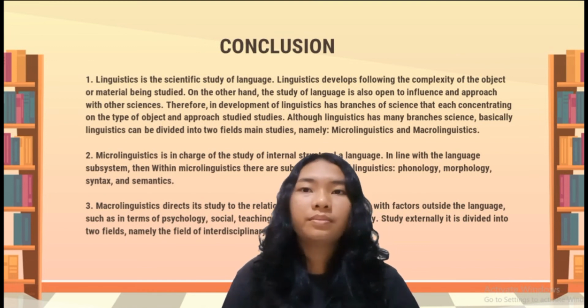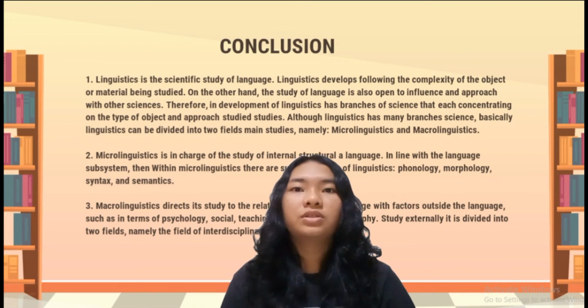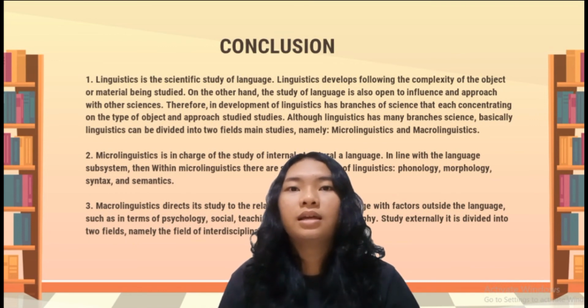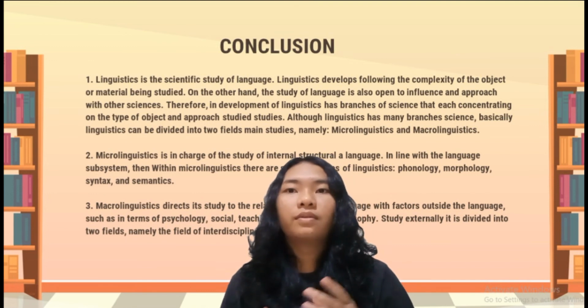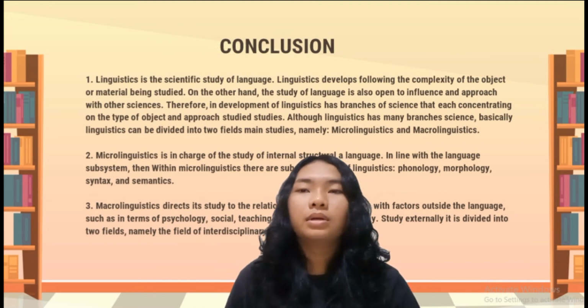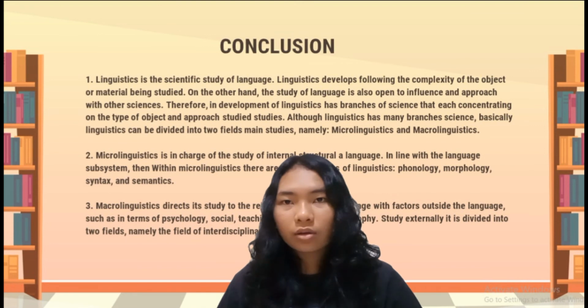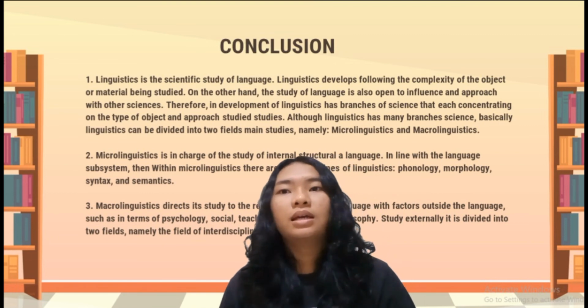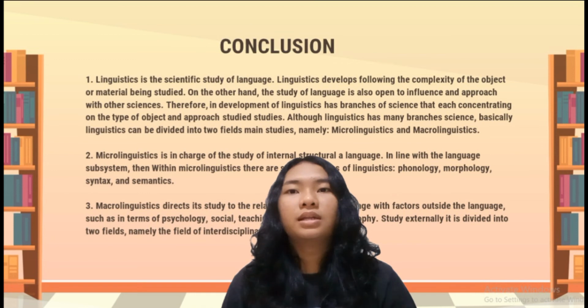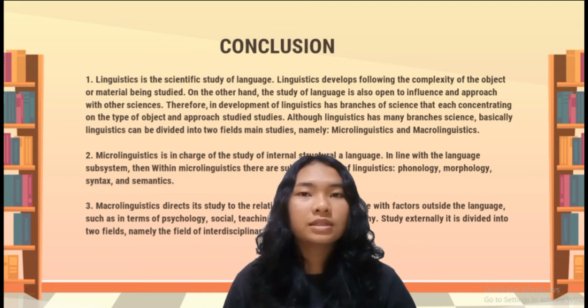Therefore, in its development linguistics has branches of science that each concentrate on a type of object and approach of study. Although linguistics has many branches of science, basically linguistics can be divided into two main fields of study, namely microlinguistics and macrolinguistics.